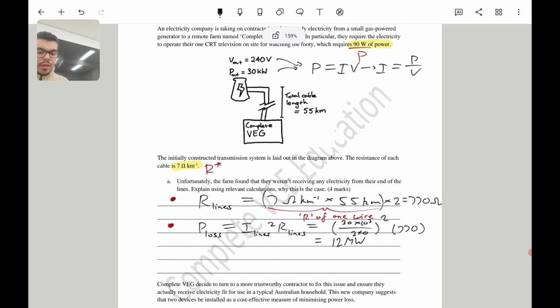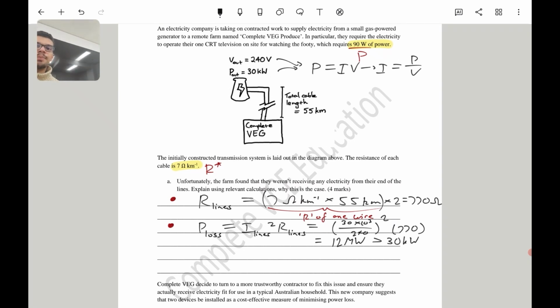Now let's think about this, guys. The power loss is 12 megawatts. Does this seem like it is something that can be handled by the system? The system is only receiving 30 kilowatts. So this is greater than the 30 kilowatts.